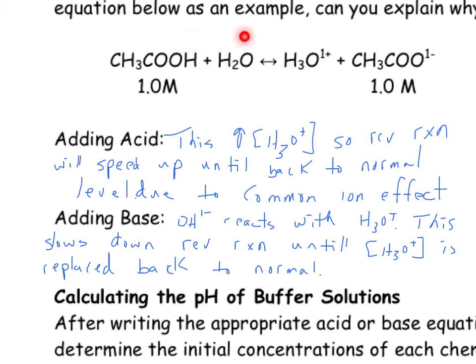The forward reaction can go to replace the hydronium lost until one of the components runs out. As long as you have ethanoic acid in your beaker, it can react with the water to replace the hydronium. As soon as this concentration goes down to 0, you can no longer use the forward reaction, and therefore you can no longer resist pH changes.